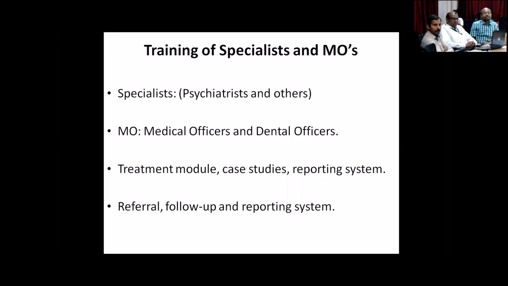And definitely, of course, the dental officers who are the persons working at district hospitals, community health centers, and also taluk hospitals. So they are the key persons who will be identifying the tobacco users initially in their OPD services.